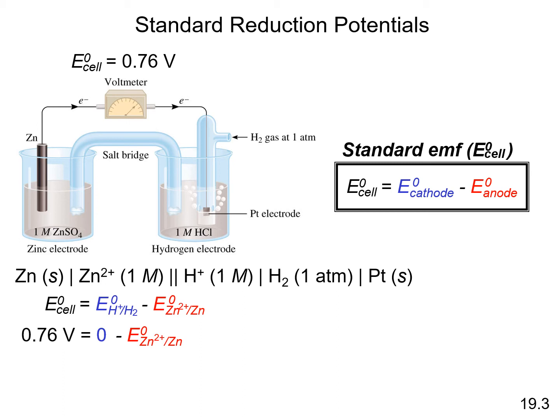And if the other one is defined as our standard, meaning our reference, our 0, we can calculate the reduction potential of a particular half cell. So for example, here our zinc, the reduction equation is Zn2+ to zinc solid.